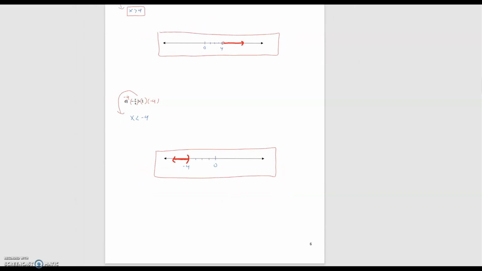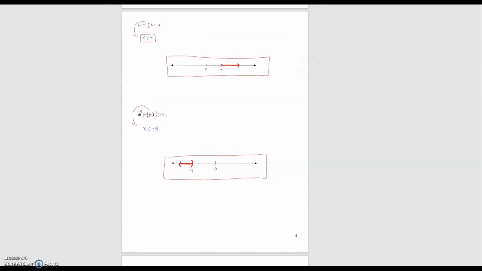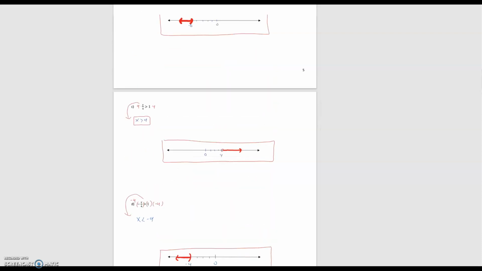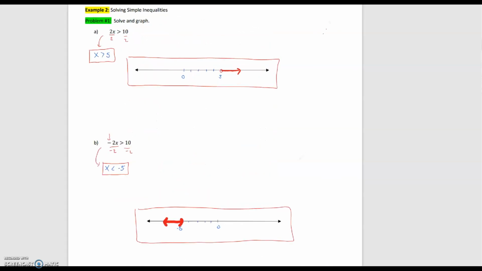Okay, that's actually it for D. I just wanted to do a quick example on why this rule applies. Notice that we're multiplying by a negative in a statement that originally read greater ends up with a less than. And let me just do a quick example here.